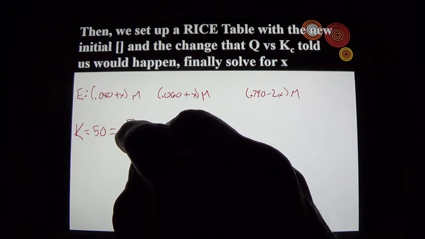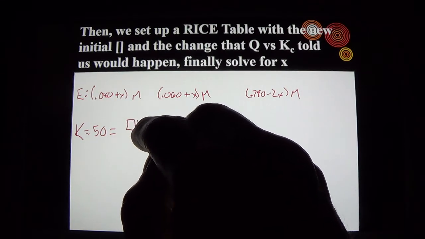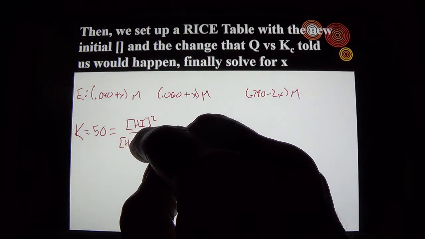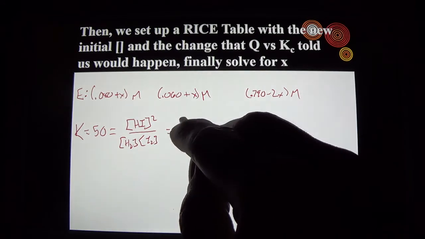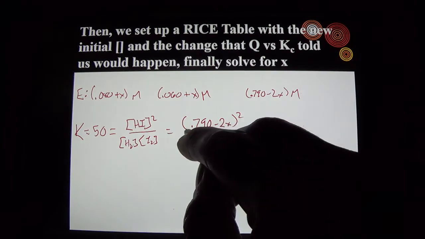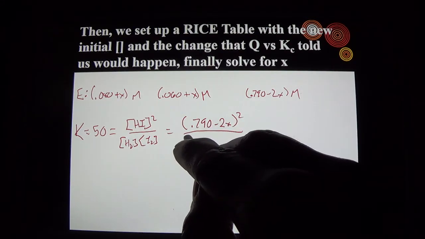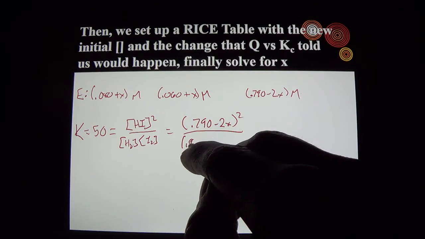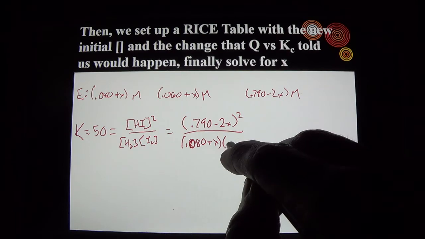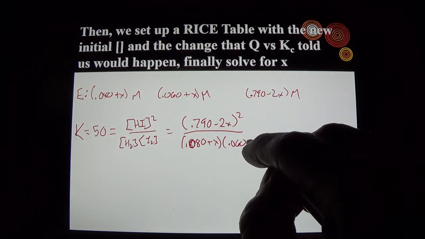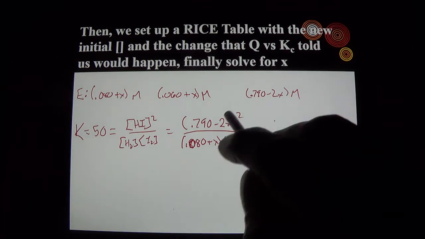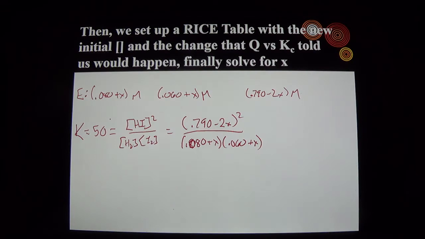We're going to have concentration of HI squared over concentration of H2 times concentration of I2, which means I'm going to have 0.790 minus 2X squared divided by 0.080 plus X and divided by 0.060 plus X, and we're going to set all of that equal to 50. Do you see where I'm going with that?